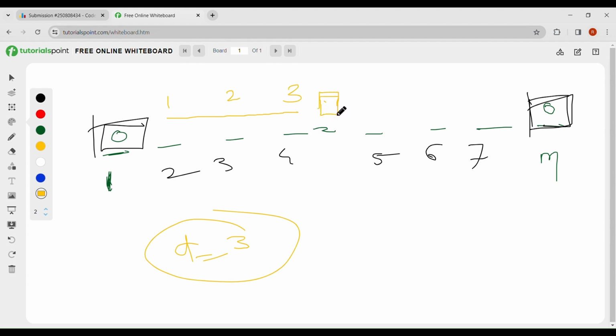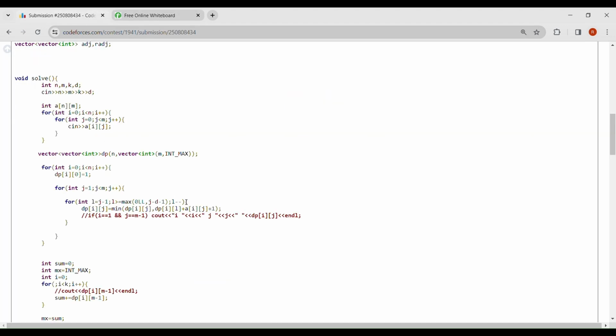You are allowed up to this one. You can jump, like you can skip, but after that you cannot skip, or you can construct a bridge in between also. This means before d distance you can construct, but after d distance you will not construct. So the definition of d is already provided by them.